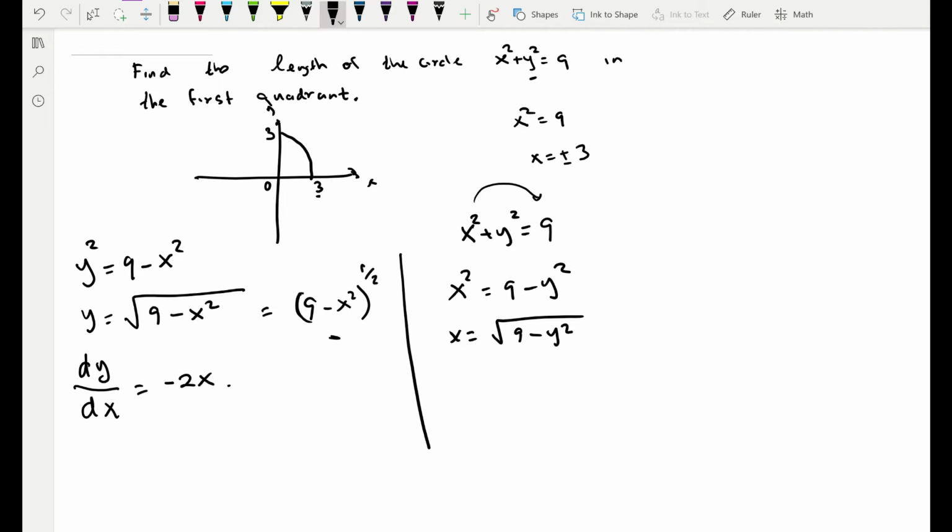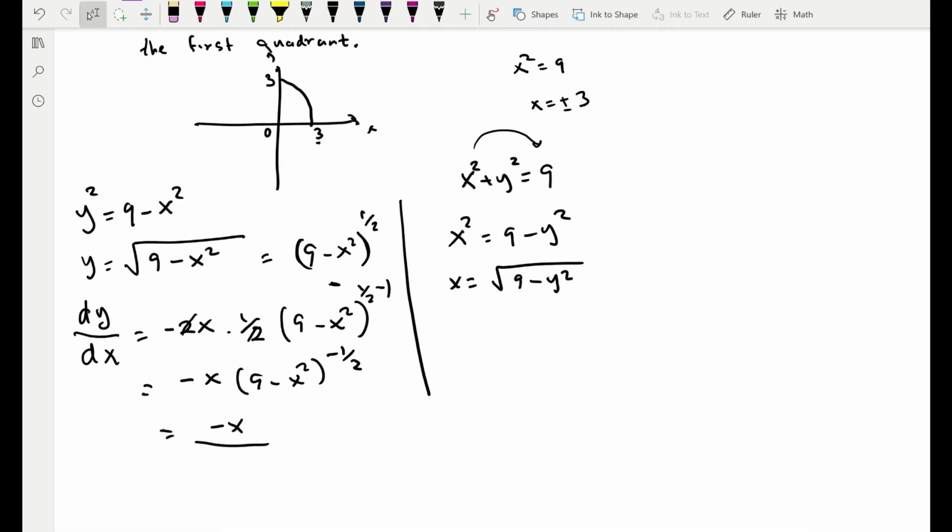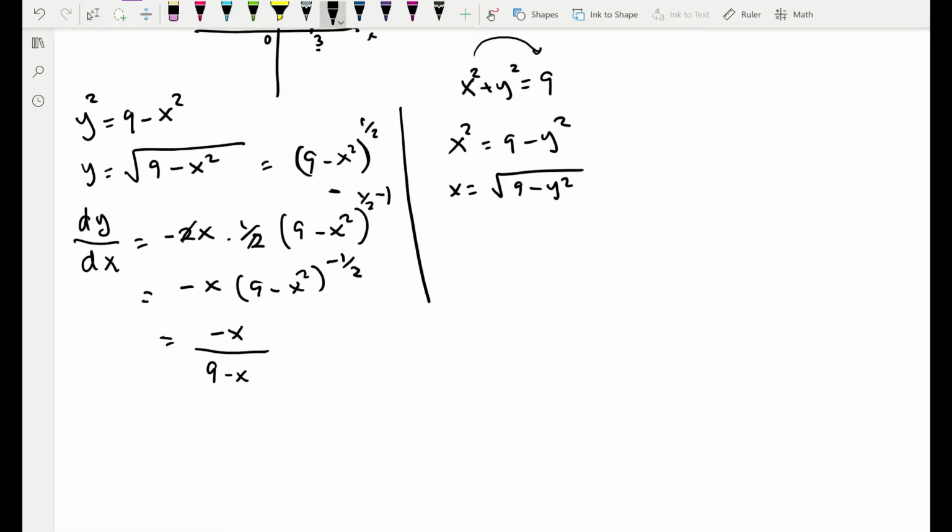Times, if you differentiate the parentheses to the half, you take the half out, 9 minus x squared, subtract 1 from half. The 2 cancels out, minus x times (9 minus x squared) to the power of half minus 1, which is negative 1half. So this is minus x, and I can bring the negative half power down to make it positive, so it's 9 minus x squared to the positive half. So this is dy/dx.